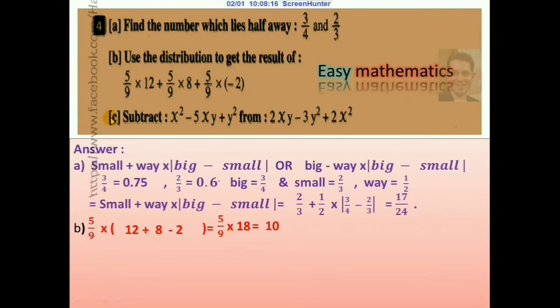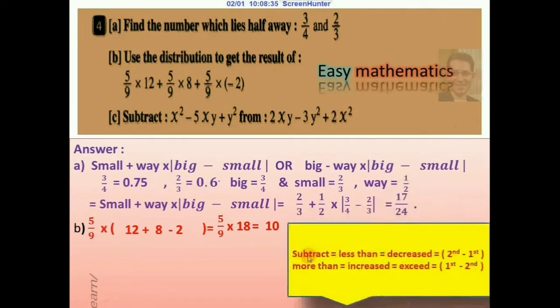Let's see letter C. Subtract this algebraic expression x^2 minus 5xy plus y^2 from 2xy minus 3y^2 plus 2x^2. Before answering this exercise, we must remember this rule we have learned with Mr. Hazem. In case he says subtract, less than, decreased, we start with the second algebraic expression minus the first algebraic expression.